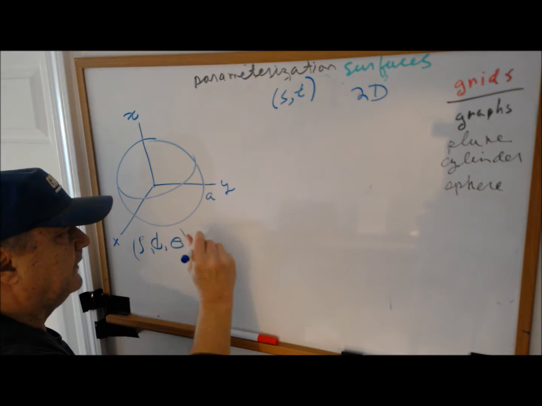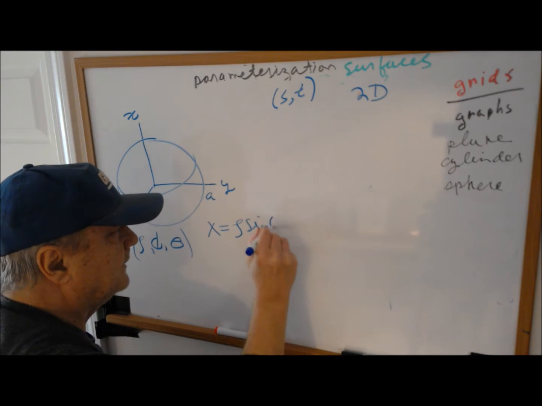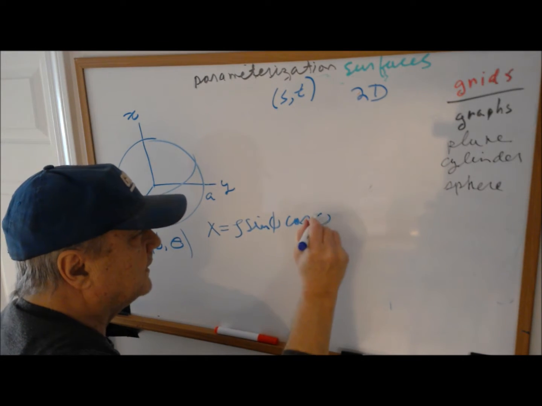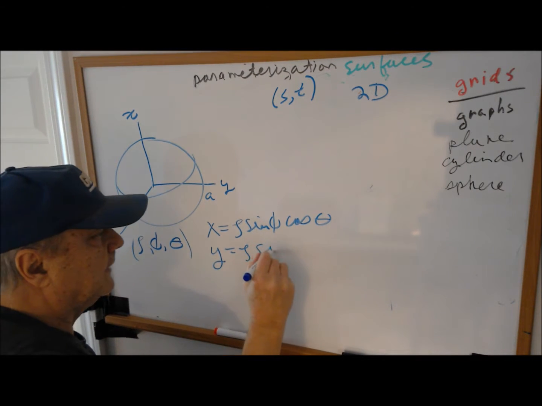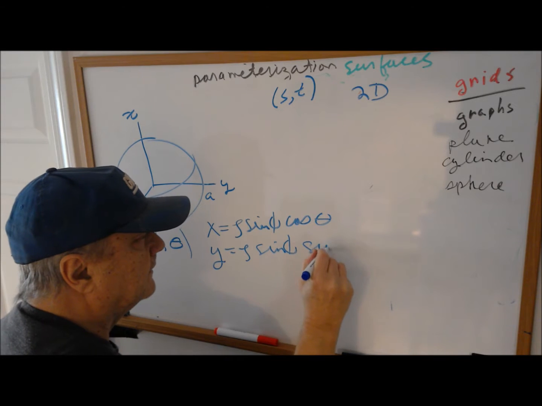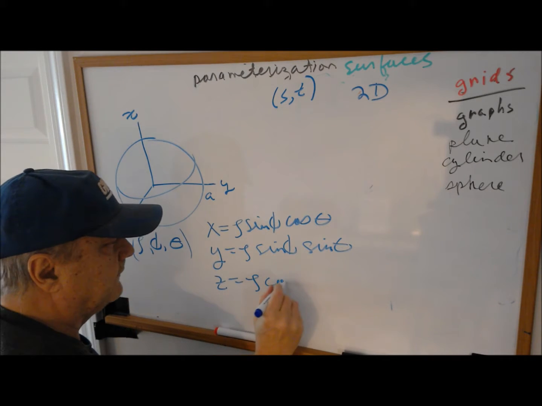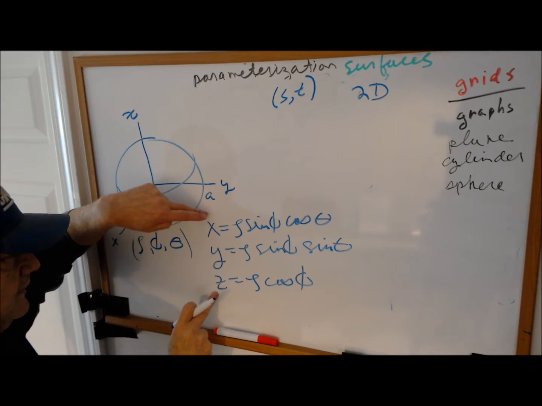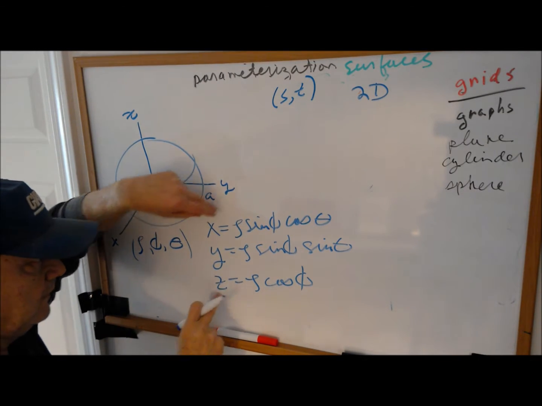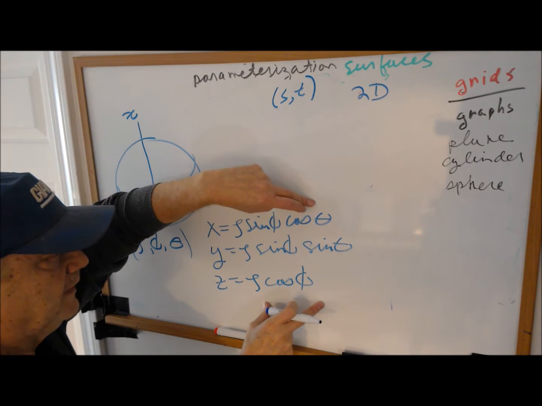If you remember, in spherical, x was rho sine phi cosine theta, y was rho sine phi sine theta, and z was rho cosine phi. Okay? X, Y, Z, spherical change of variable involves rho, phi, and theta. Well, too many.